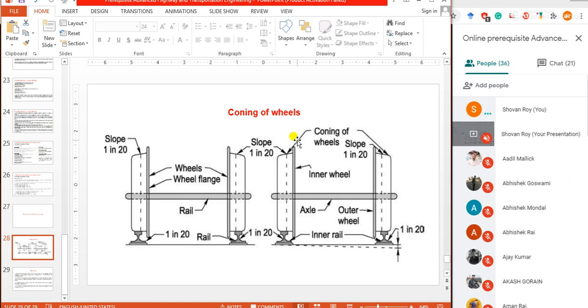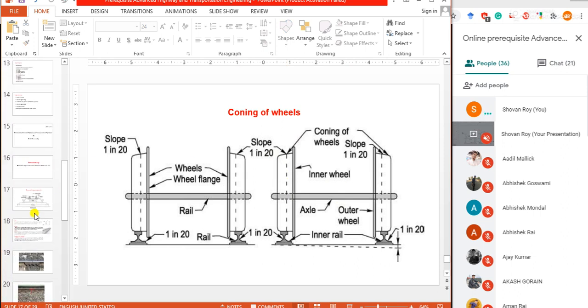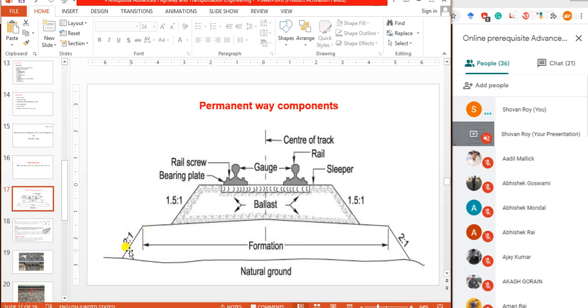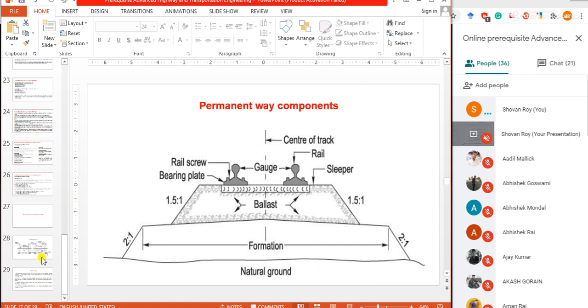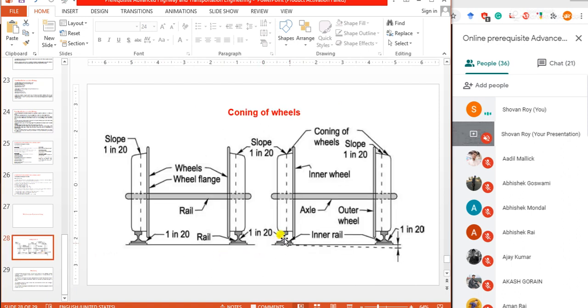This is actually the purpose of the cone. Normally this slope is maintained at 1 in 20. Our rail line is also placed with a slope of 1 in 20.